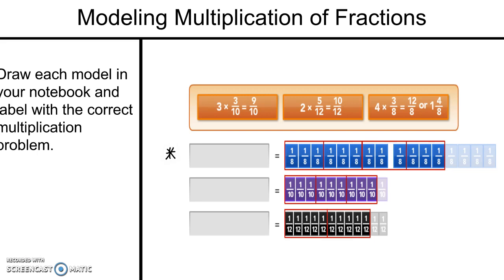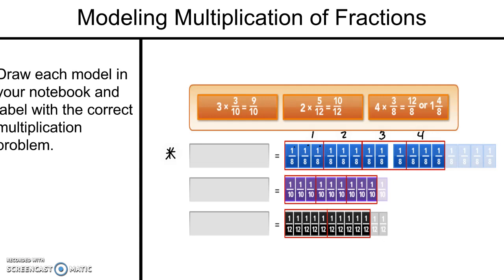Okay, if you look right here, you see 4 boxes that are outlined in red. Every time you see the boxes, that is going to be your whole number. Then you look and you see how the boxes are divided on the inside. You can see that there are 1, 2, 3 eighths in each of those boxes.